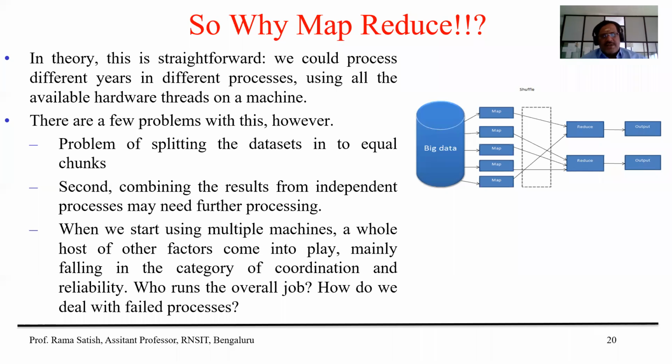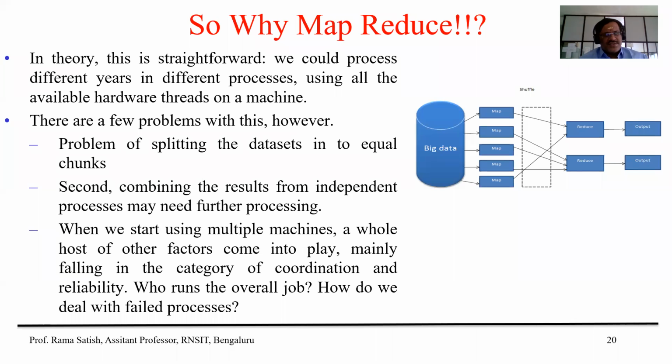When we start using multiple machines, a whole host of other issues come into play. That mainly falls into the category of coordination and reliability, and it should be reliable. Who runs the overall job? How do we deal with a failed process?